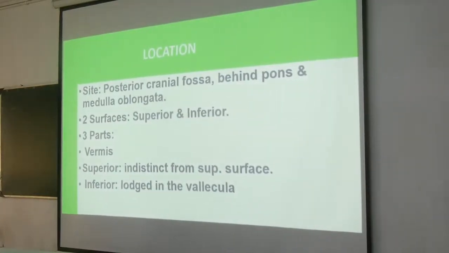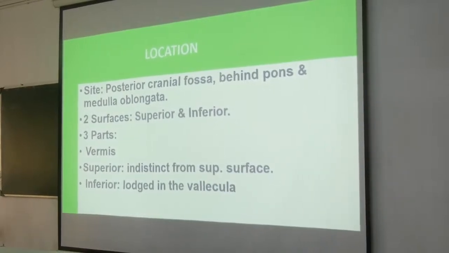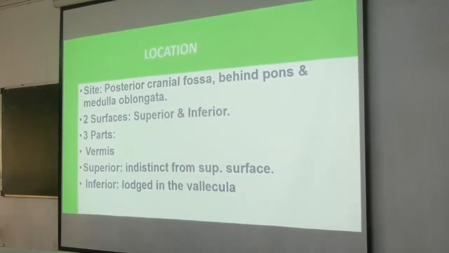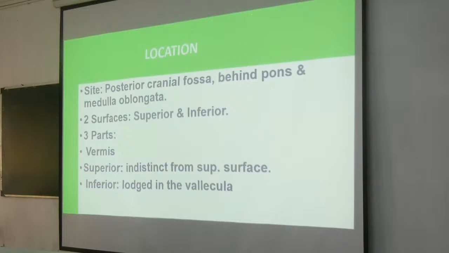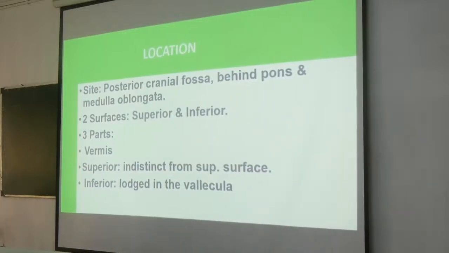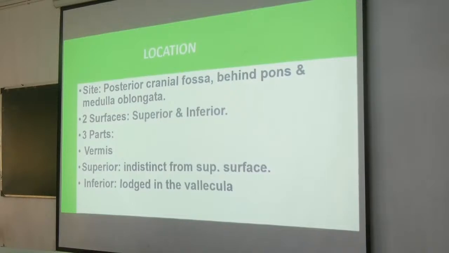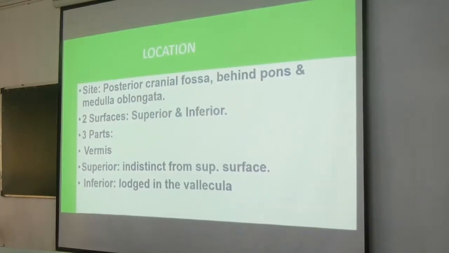It is also in the posterior cranial fossa, and it is just posterior to the pons and medulla oblongata. So which one is not there? Midbrain. Then it has two surfaces, superior and inferior, and three parts connected by the vermis.